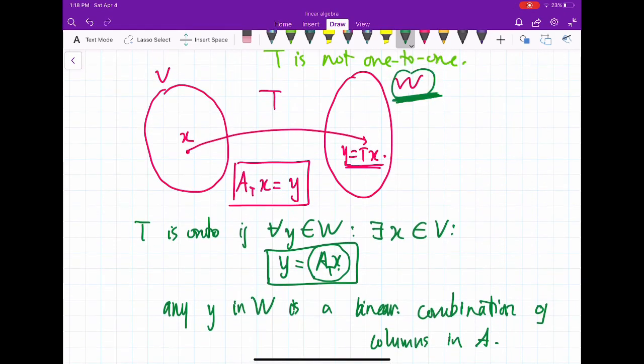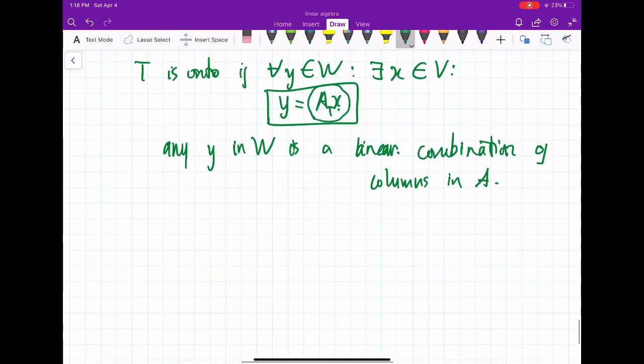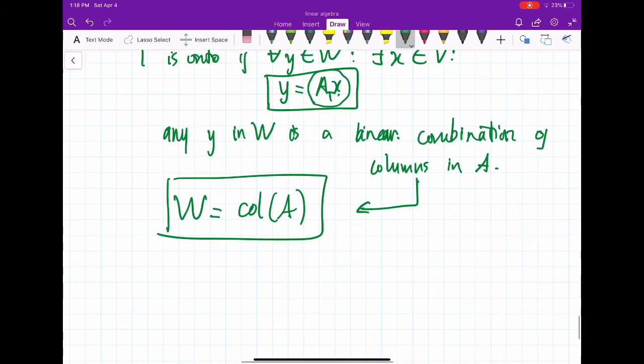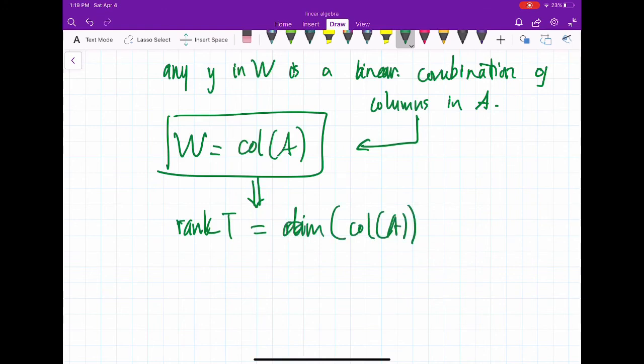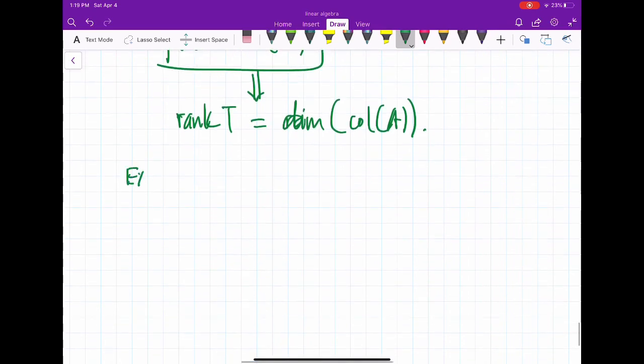That means W is nothing but the range of T, which means the column space of the matrix A. So from here I can write that W is nothing but the column space of A. Or, using the rank, we say the rank of T is just equal to the dimension of the column space of A.